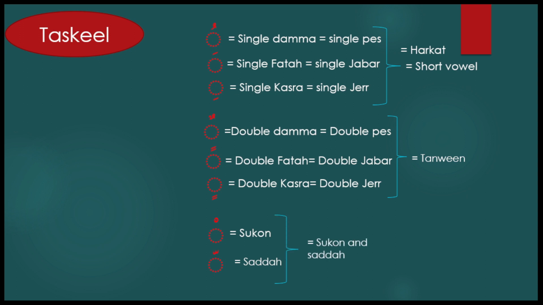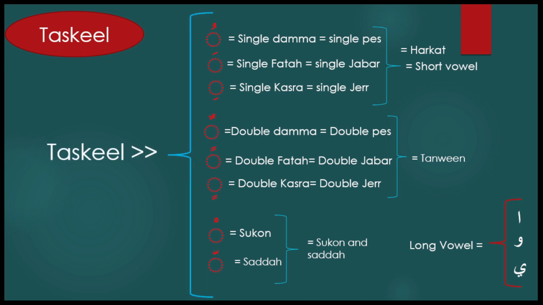We have also long vowels in Arabic: Alif, Waw and Ya. These three are called long vowels. All of these things together are called taskil. So, very basic things. I just remind you of the taskil terminology.